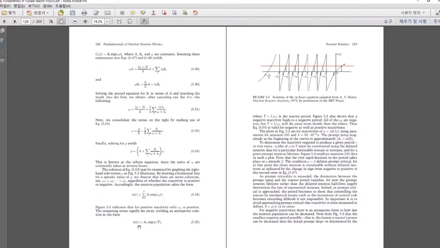So, as in equation 5.55, the neutron density can be given as A1 exponential omega 1 t. That means the magnitude is basically governed by the biggest omega, omega 1. So the inverse of omega will be defined as reactor period.